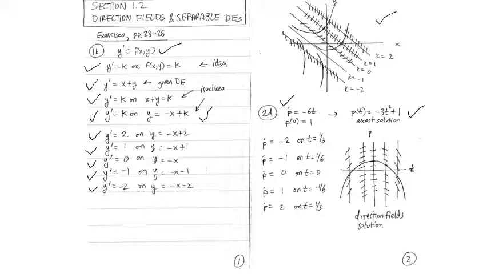So the time derivative of p is -2 on t equals 1/3.